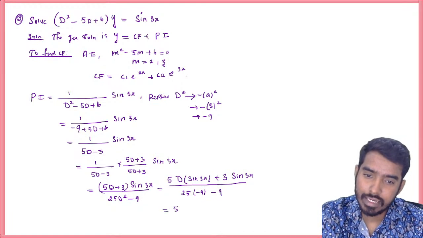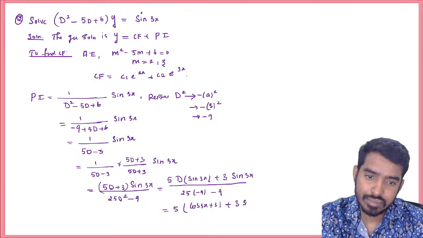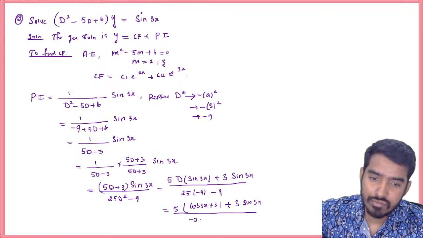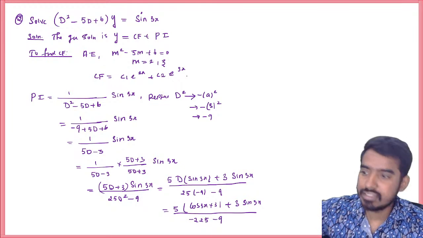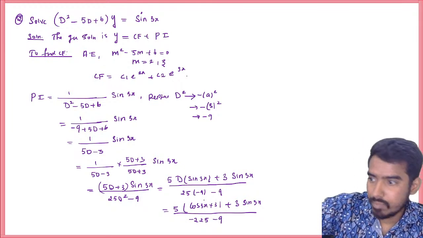So this will be 5 times differentiation of sin 3x, which is cos 3x into 3, plus 3 times sin 3x, divided by 25 into minus 9. So it will be minus 225 minus 9, right? So it will be minus 234.